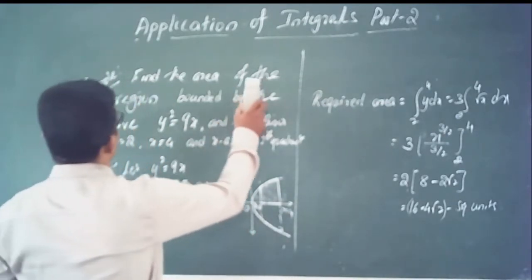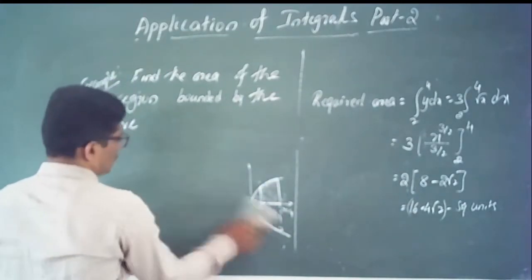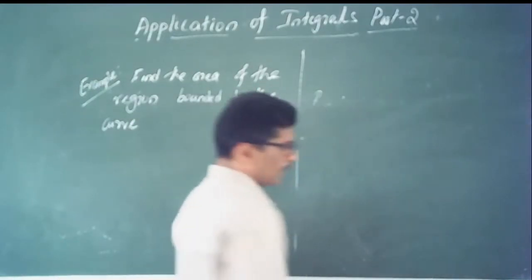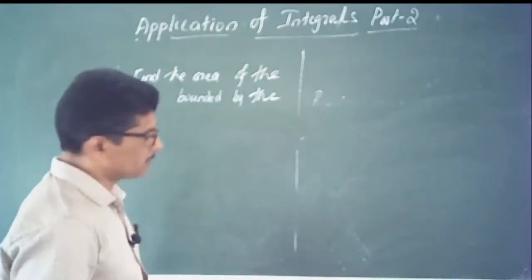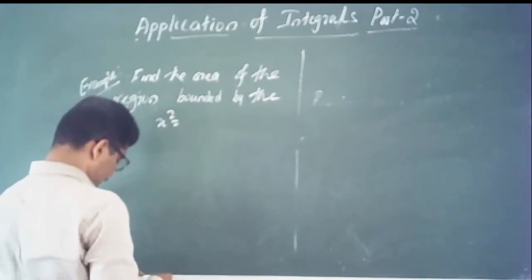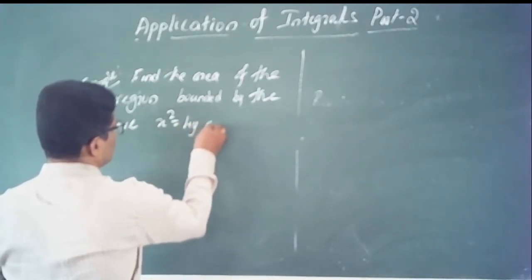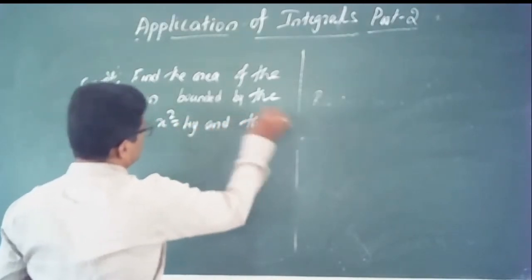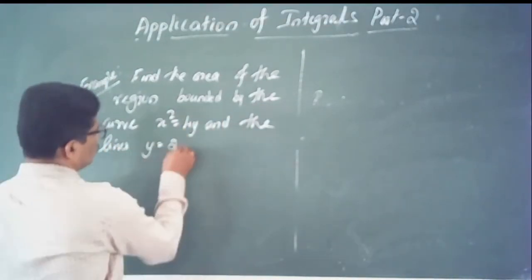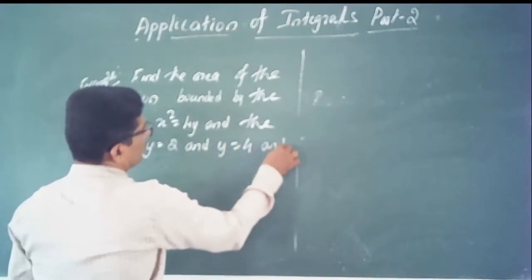Find the area of the regions bounded by the curve x square is equal to 4y and the lines y is equal to 2 and y is equal to 4 and the y-axis.